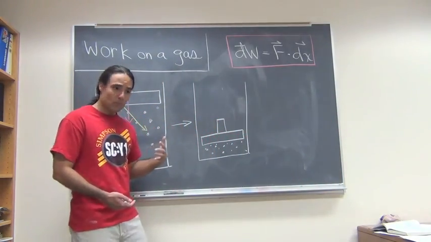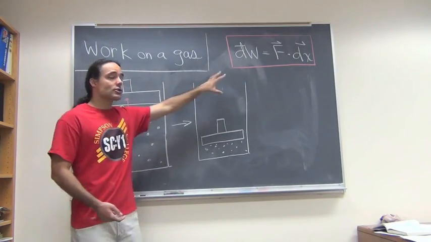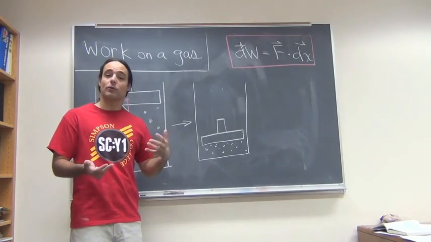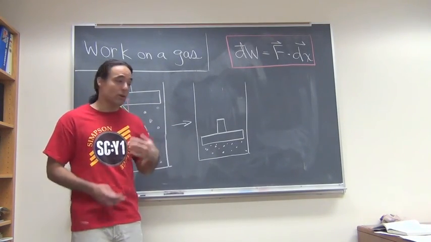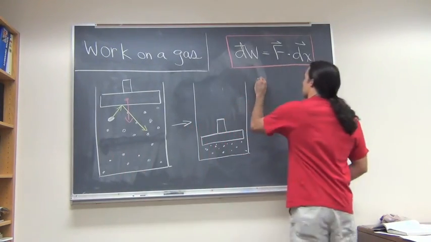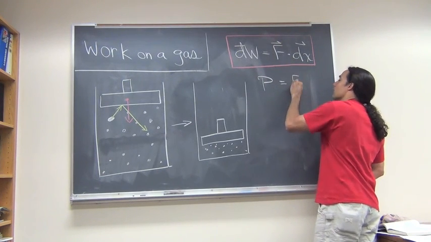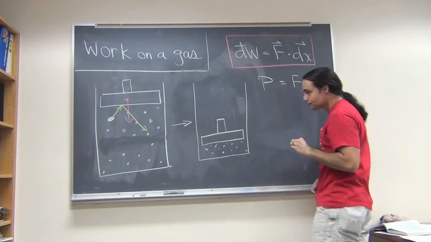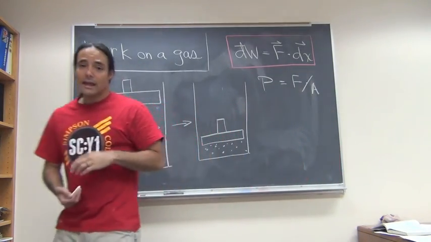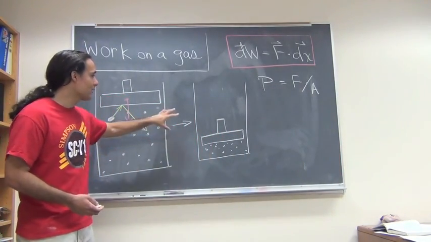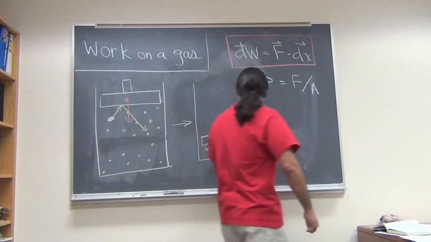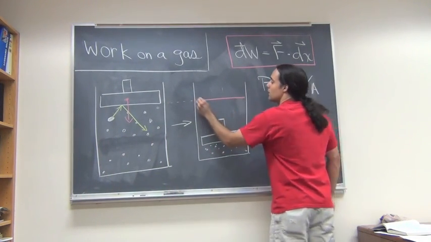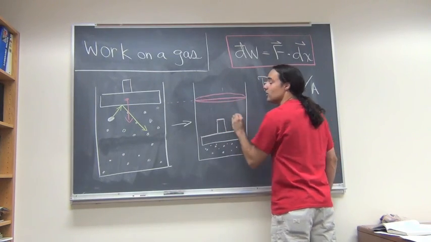Well, here, force is not the best quantity to work with since we're dealing with a gas. It's better to work with pressure, which is the force per unit area. And if I look at my gas container, well, my piston has some area to it.